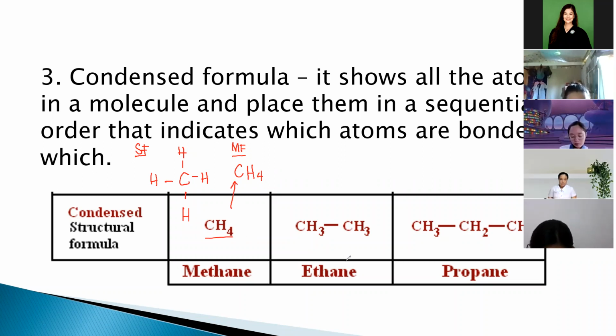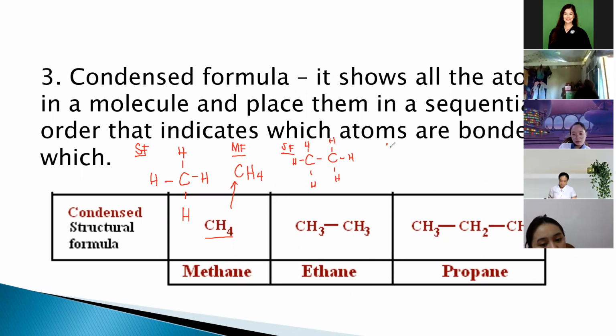But when it comes to ethane, let's differentiate the 3 types of formula. For ethane, you have two carbons, and the remaining bonds will be for the hydrogen. So this will be the structural formula of ethane.